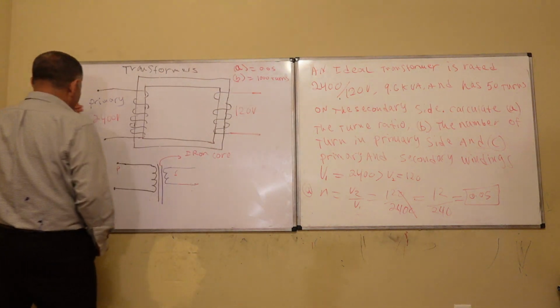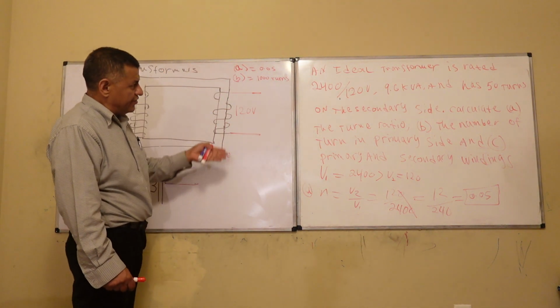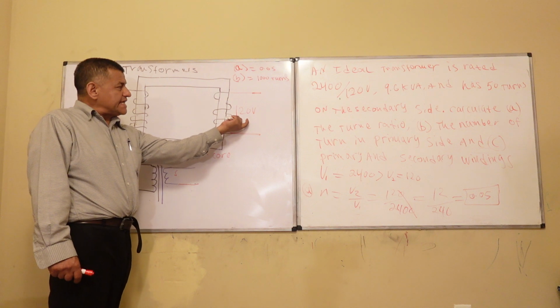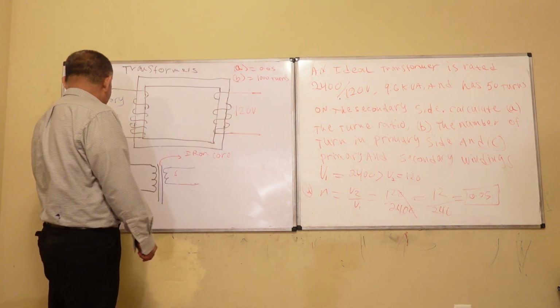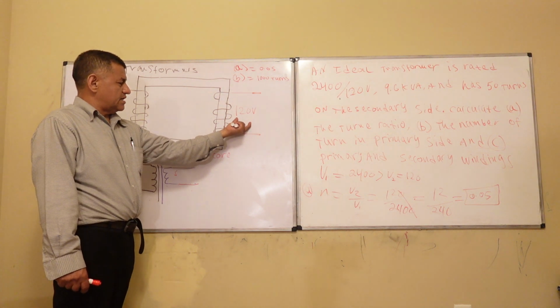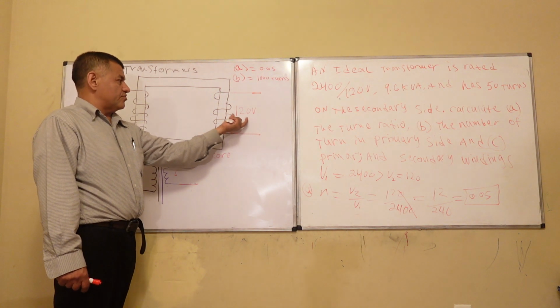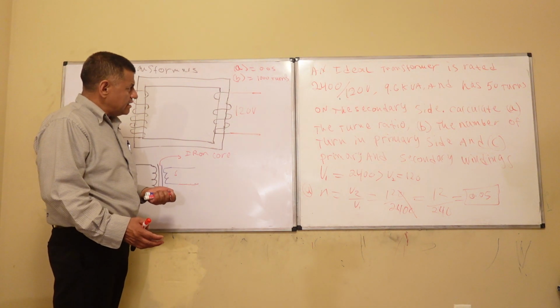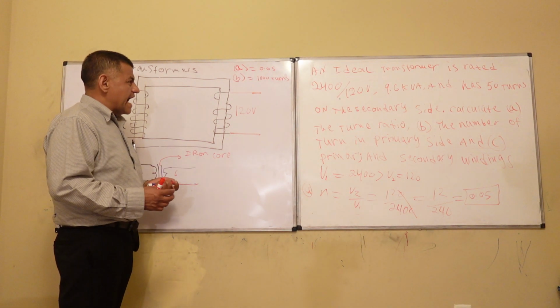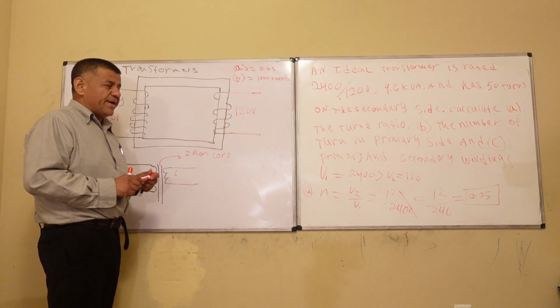If power in is equal to power out, then we can take these numbers and calculate the current coming in and the current coming out.